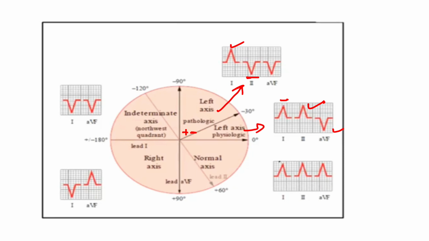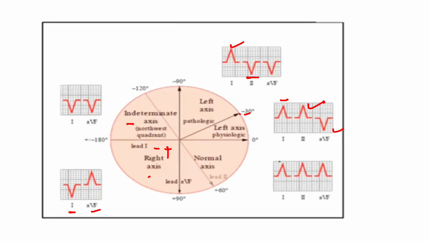So the normal axis is when lead 1 is positive, AVF is also positive. So normal axis will be from this normal physiological left axis deviation plus normal axis, from minus 30 to plus 90. This is the normal axis. Here we see lead 1 is negative, lead AVF is positive, this is the right axis deviation.